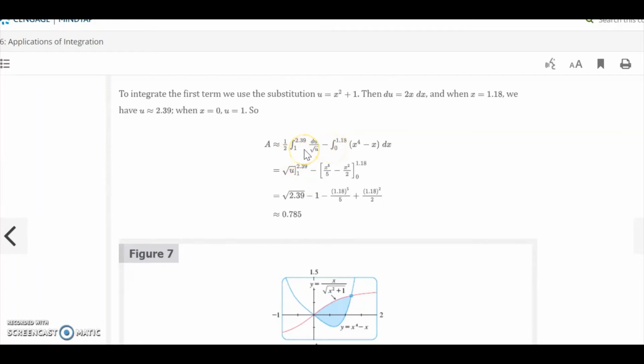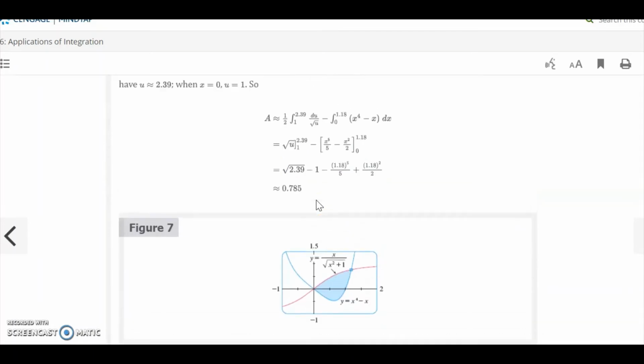But the key to this problem is you realize that you can split this up into 2 different integrals. So you can use U substitution for this first integral, and then regular integration with this second integral right here. Alright, so that's how you would solve a problem like that.